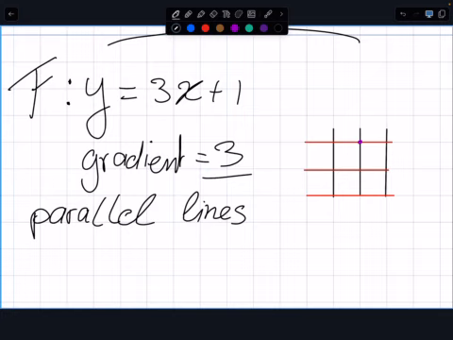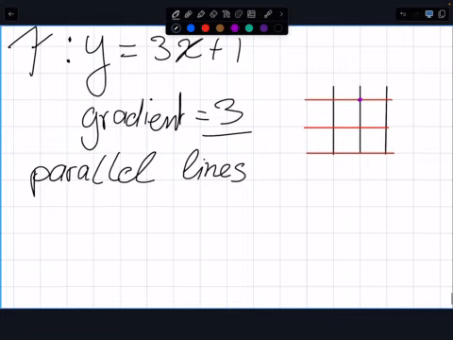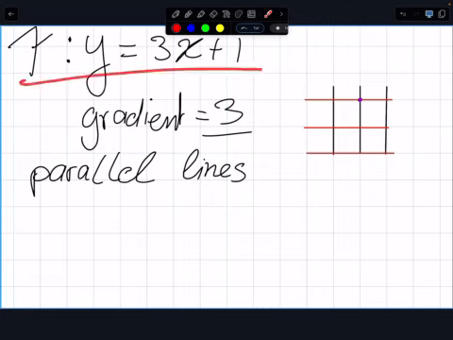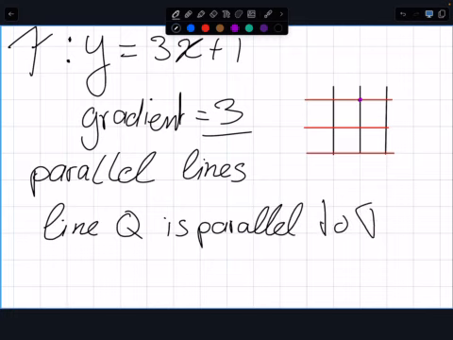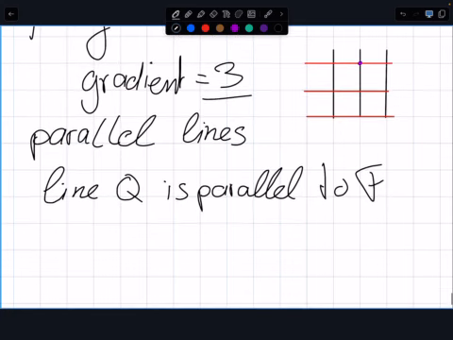When we have linear equations and parallel lines, you will have line F, here it is, and the exercise will say line Q is parallel to F, or it can state it in a different way.